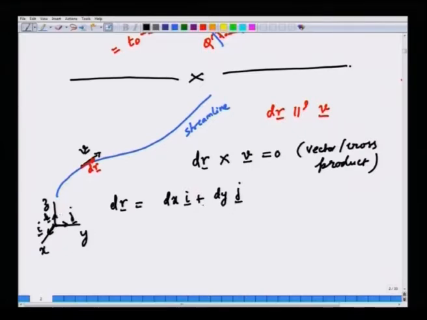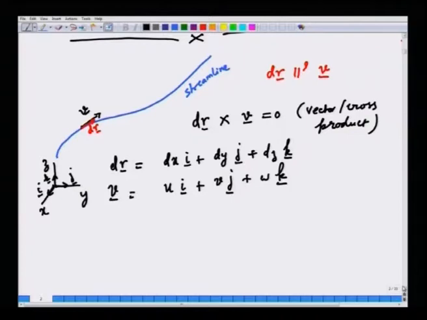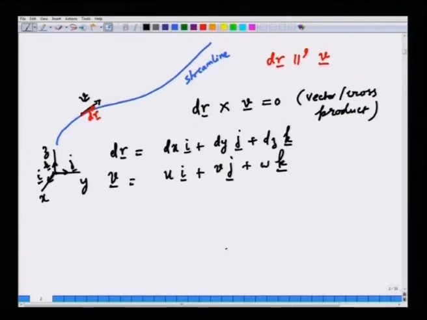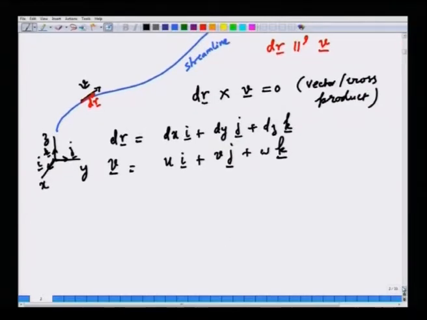So, dx i plus dy j plus dz k is the displacement resolved in the three Cartesian directions. The velocity vector is written as u i plus v j plus w k, in terms of the three Cartesian components.